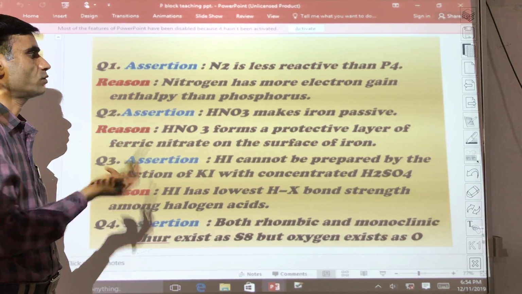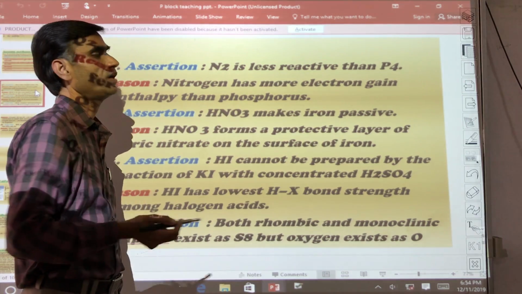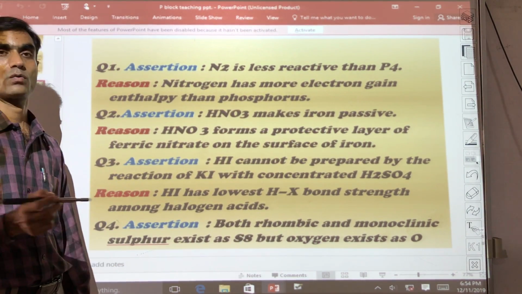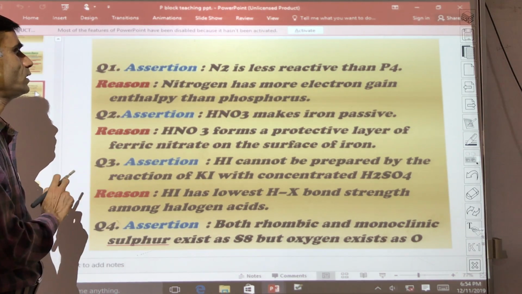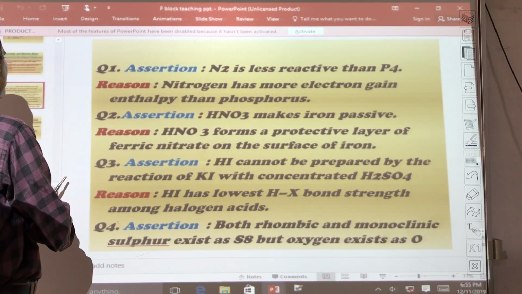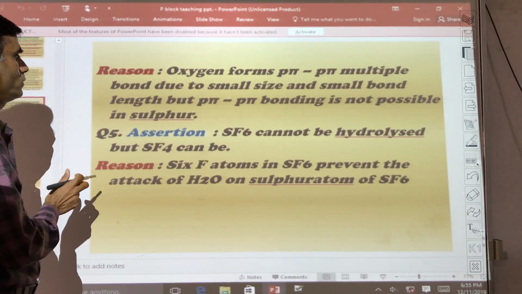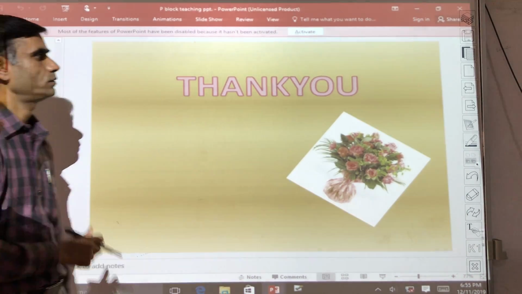Nitrogen has more electron gain enthalpy, but that has nothing to do with this, because nitrogen is less reactive due to its multiple bond, having higher bond dissociation enthalpy as compared to P4, where only single bonds are present. So on this basis you can decide the answer. So these are different types of reasoning based questions. Thank you.